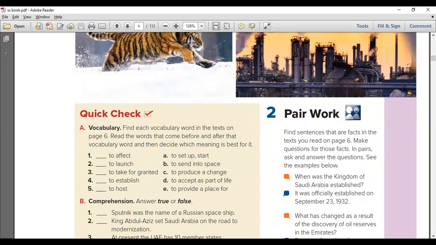A sentence. Okay? And then there is a blank in the sentence, and you have to choose what is the best word that I have to put in the blank. Is it affect or launch or take for granted, establish or host? So you know all the meanings of all those words. You just have to choose the perfect one for the sentence. Did you understand?